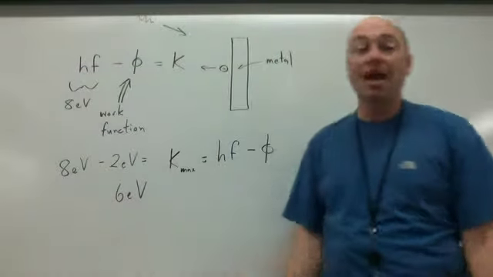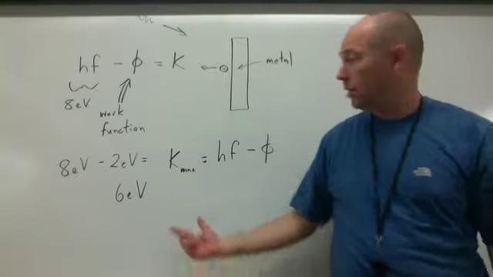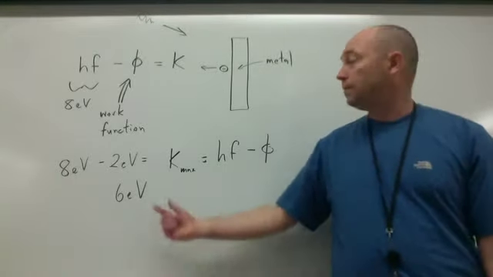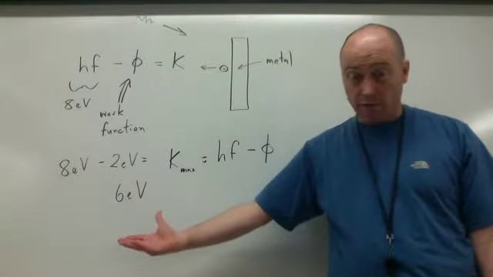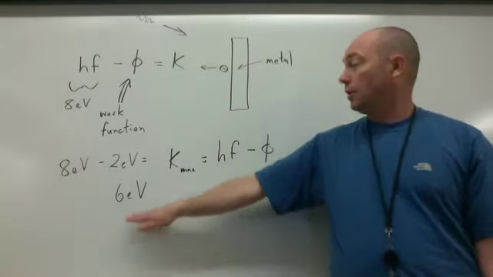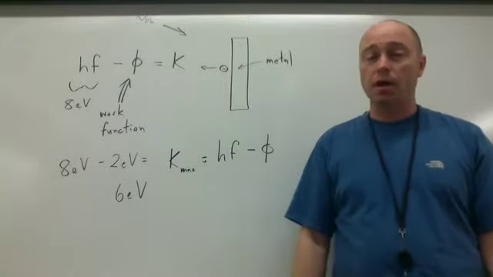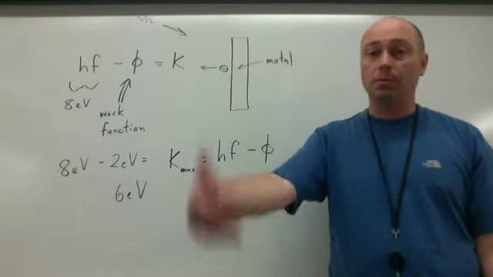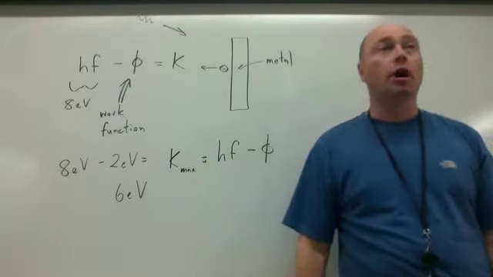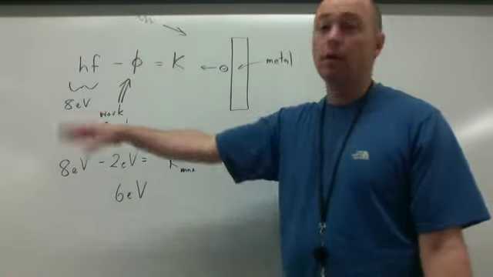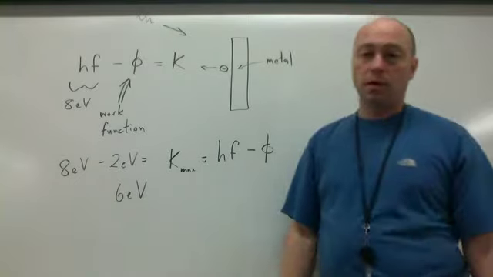Well, that's the maximum kinetic energy my electron could have. My electron could have 5 electron volts. It could have 3 electron volts. This is just the maximum that it could have, so if all of the energy gets converted perfectly, that's the maximum kinetic energy you can have.